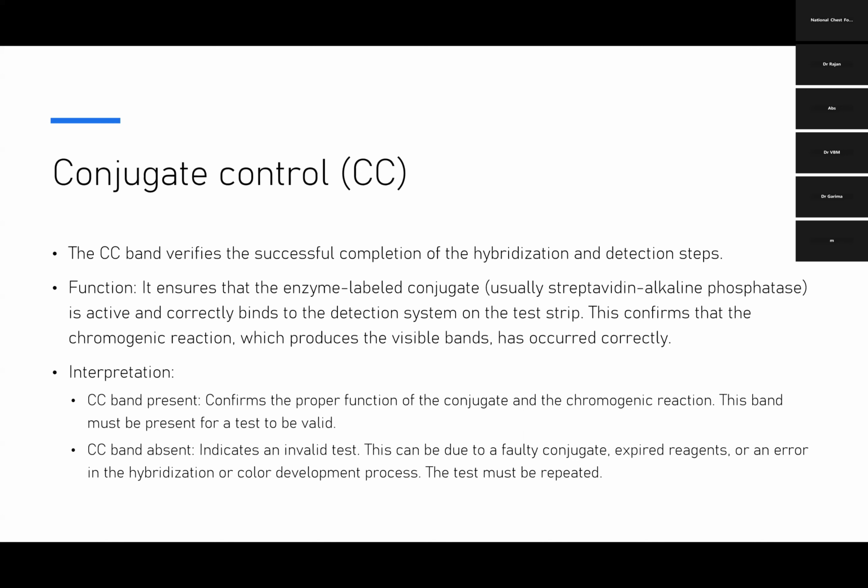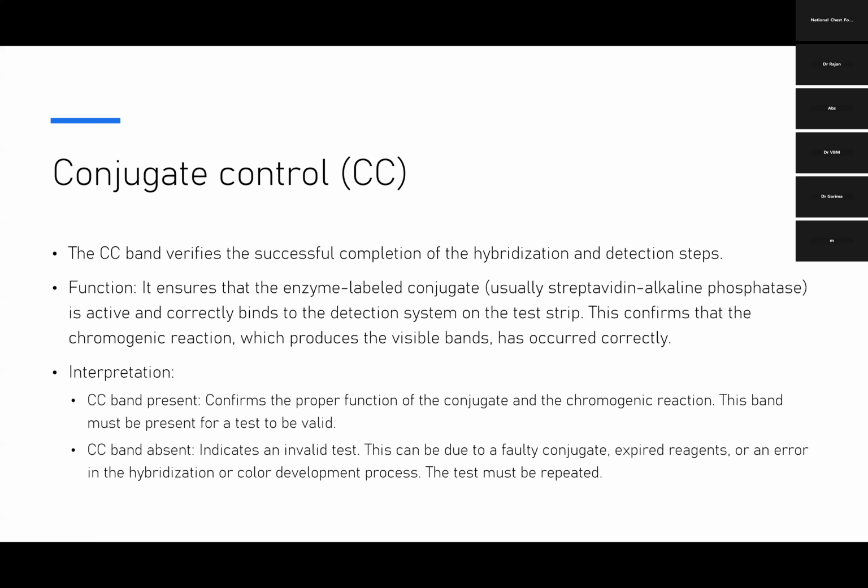Now, the first line is the conjugate control. The conjugate control band verifies the successful completion of the hybridization and detection steps. So, amplification says that the PCR has been completed successfully, while the conjugate control says the hybridization and detection steps have been successfully completed. It ensures that the enzyme-labeled conjugate is active and correctly binds the detection system on the test strip.